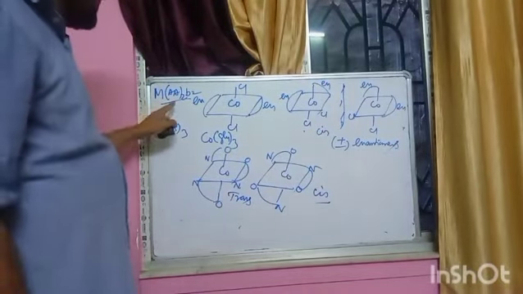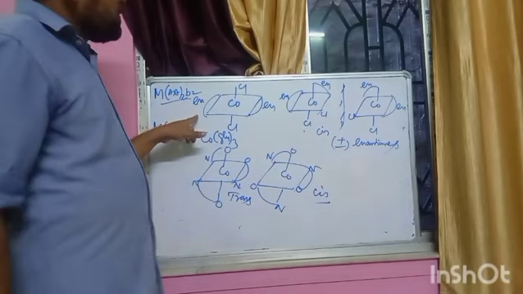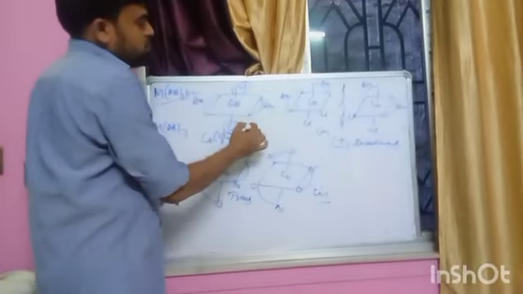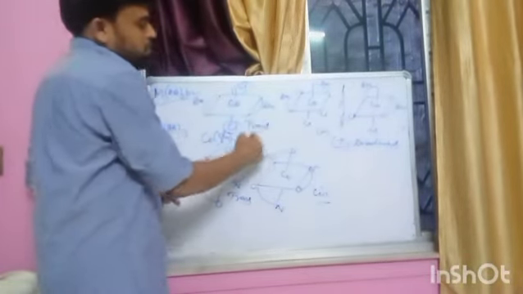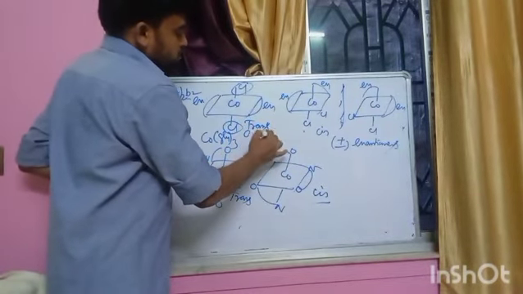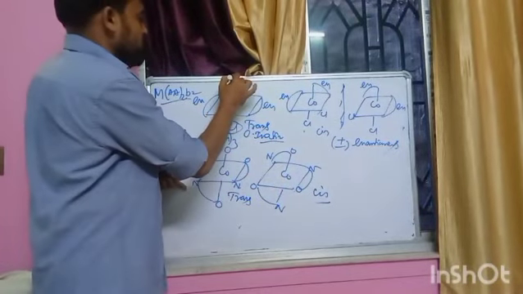In case of M(AA)2B2, that is [Co(en)2Cl2], the trans form has both Cl anti to each other. It is optically inactive as there is a sigma plane present.